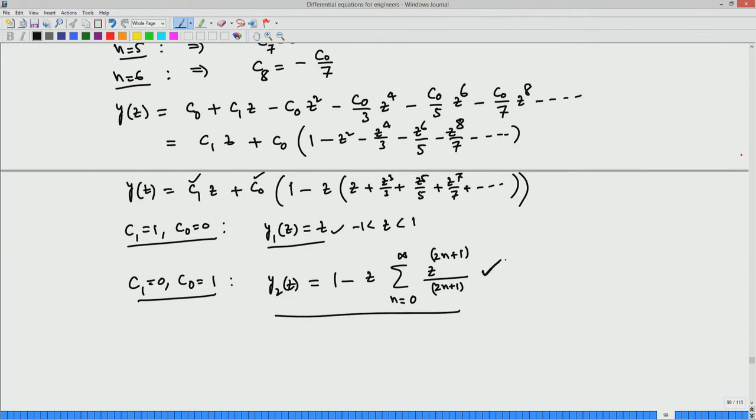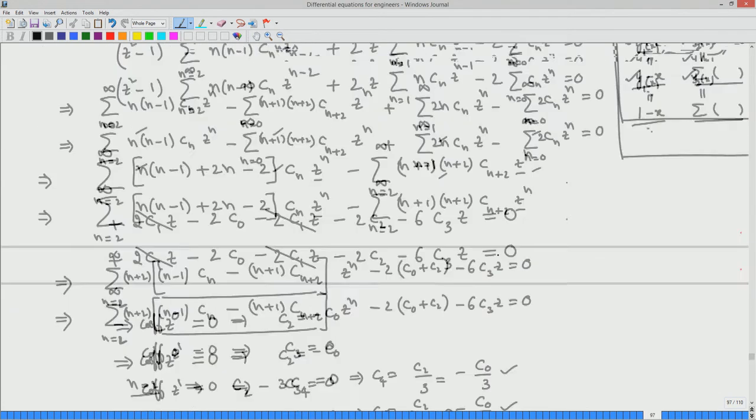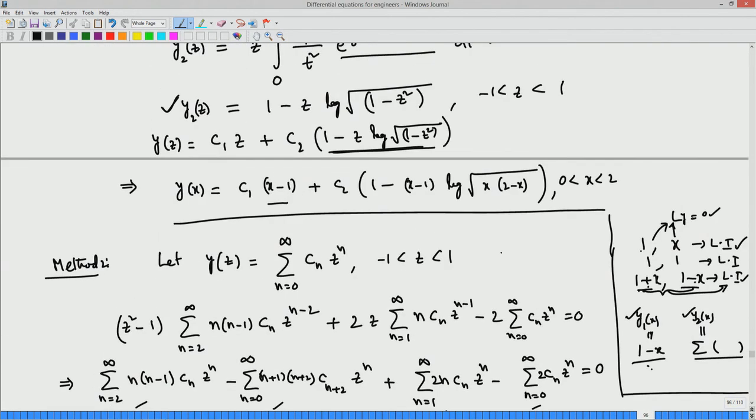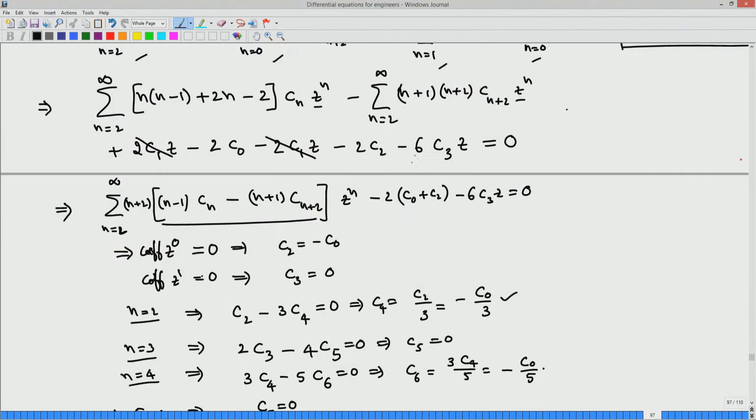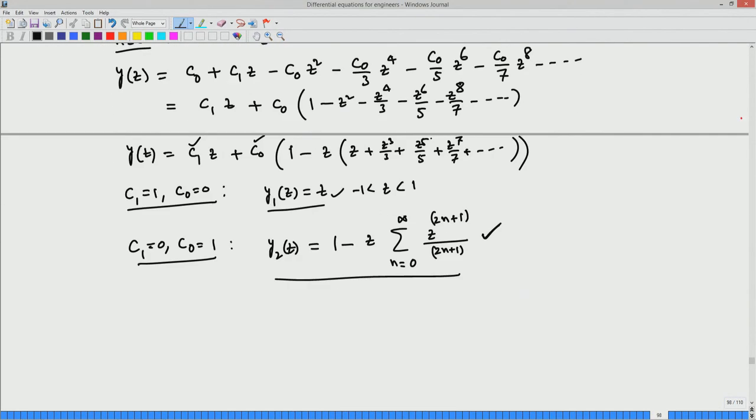This power series is not the representation for this y2. This y2 could be a linear combination of z and this together, you do not know exactly. In any case, if you can recognize this, this is another linearly independent solution. So this is how you get a linearly independent solution.